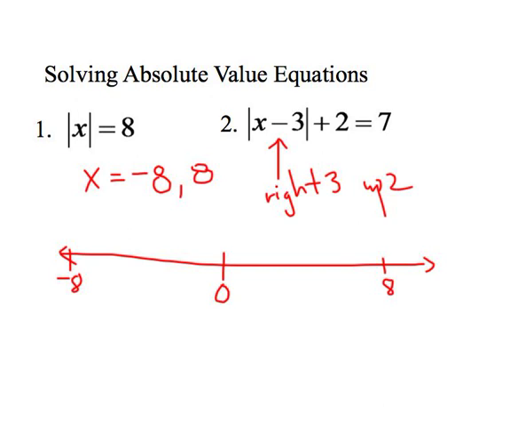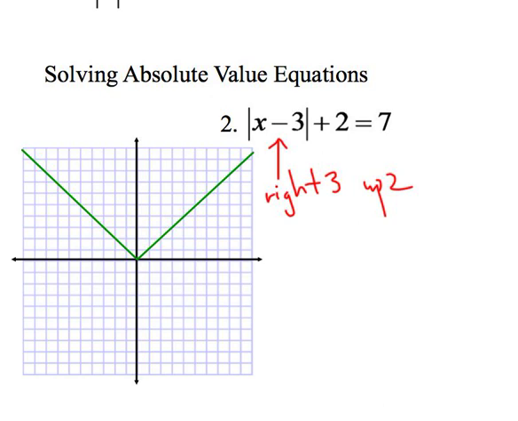Okay. So graphically speaking, I am going to take my absolute value function, which is this v-shaped function, and I'm going to move it right 3 units and then up 2 units. So that's what my translated absolute value function will look like.